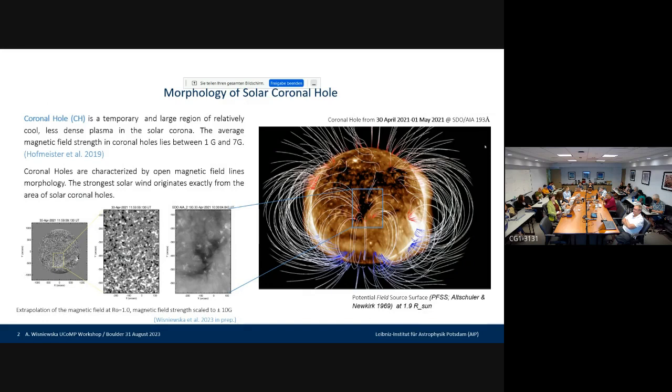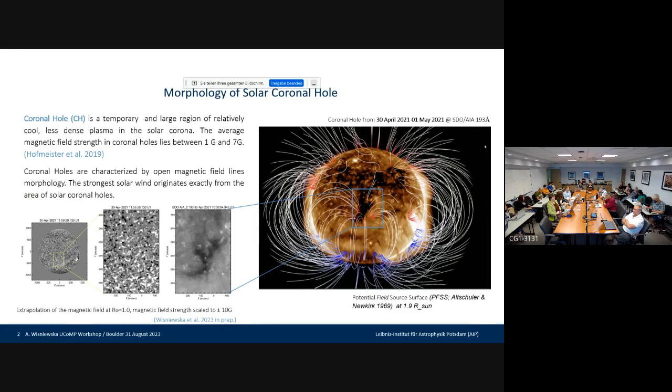Of course, we already heard today, Richard was mentioning a lot about waves and also Raoul about coronal holes. So we know that the corona is highly inhomogeneous, and a coronal hole is a temporary and large region of relatively cool, less dense plasma in the solar corona. The average magnetic field strength of coronal holes lies between 1 and 7 Gauss.